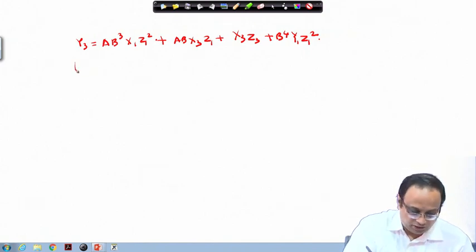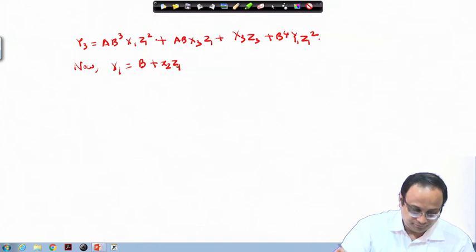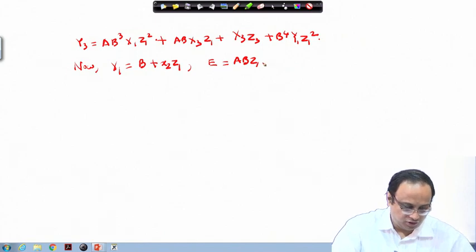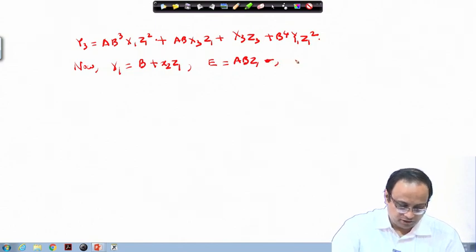For example, note that capital X1 is equal to b plus x2 z1, and E is equal to a b z1, and we also have, as already noted, that z3 is equal to b z1 whole square.